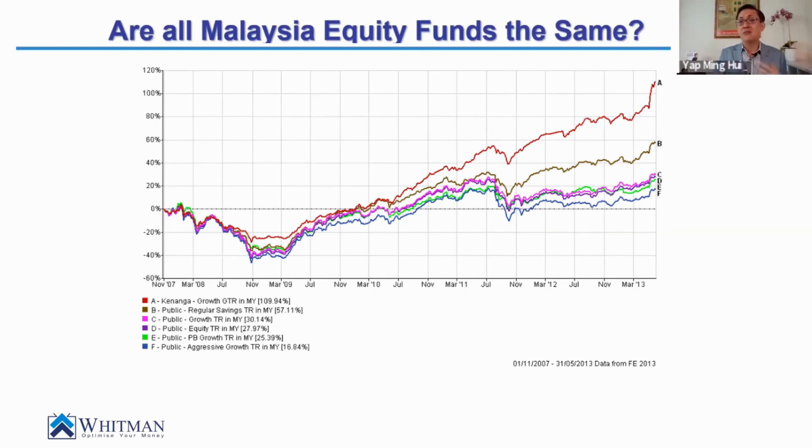So obviously, given a choice, I'm sure you would rather invest into this particular fund for your Malaysia equity fund. So this is what I mean, that we must always consciously invest into best of breed funds when we invest, okay?